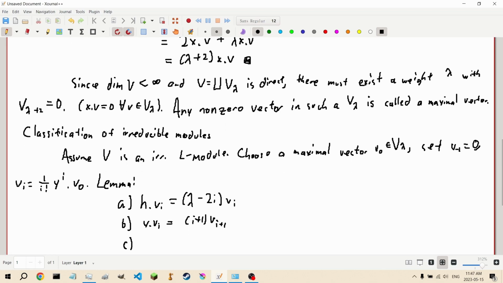And C: X acting on v i is equal to lambda minus i plus 1 times v i minus 1, for obviously non-negative i.